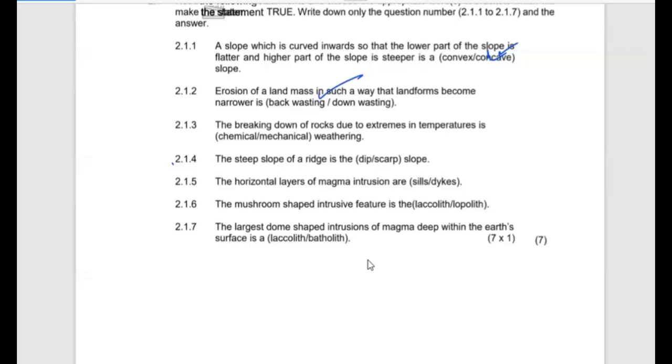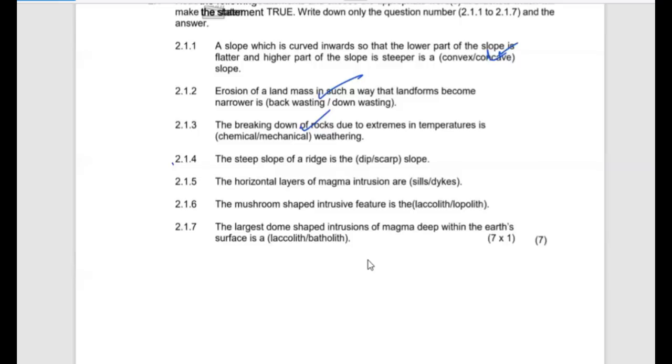The breaking down of rocks due to extreme temperature is mechanical weathering. Processes like exfoliation are part of mechanical weathering. It's caused by mechanical processes, or what you can call physical weathering.